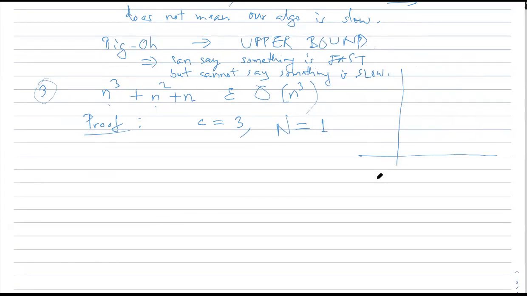So this is your n, and this is going to be your n cube, and therefore the n cube plus n square, as far as this n equal to 1 is concerned, this is going to become 3 if you are making it n cube plus n square plus n. I hope this makes sense.